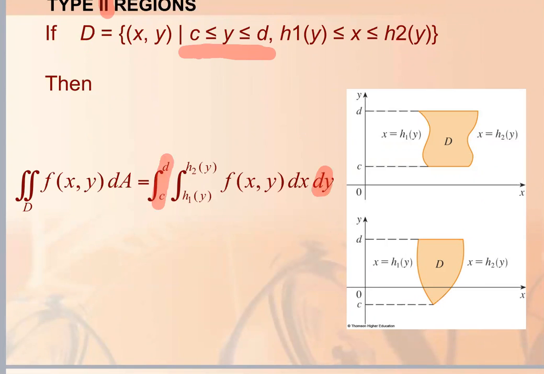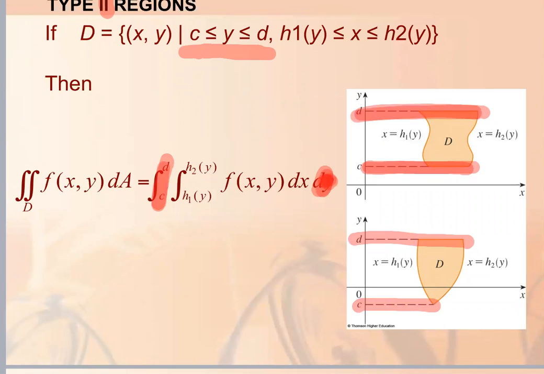Now the order matters. I can't reorder it however I want because I have to be careful. If I'm switching the order of integration, somehow I need to know this is the constant for the y. So these two are constants, so these are lines. So this is sitting first. And then you integrate the next one, which is for the x, so it means you are moving in the x direction.